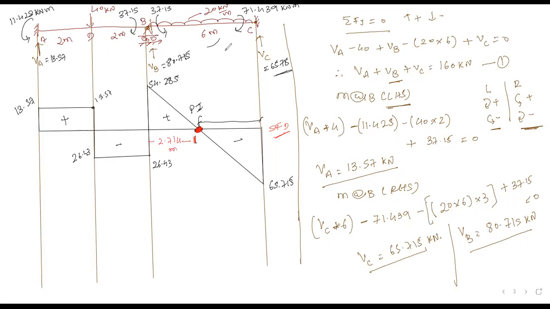You will get remaining portion, that is nothing but 3.286. I hope it is clear. Clear है? Please confirm me.